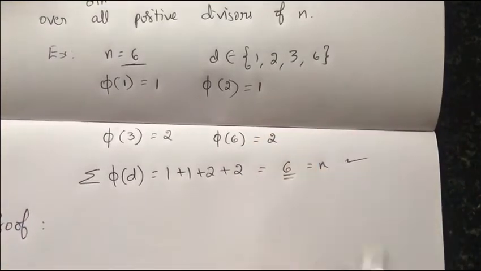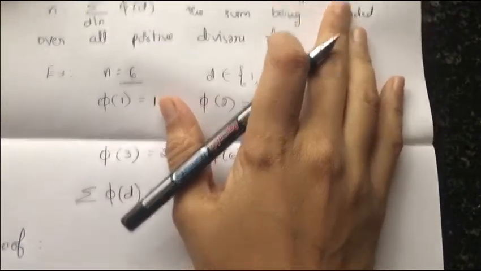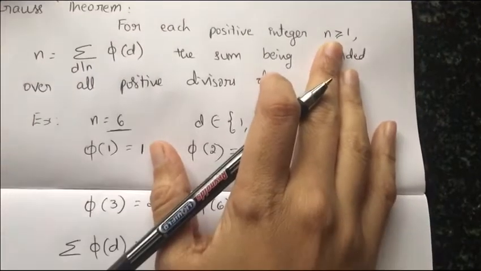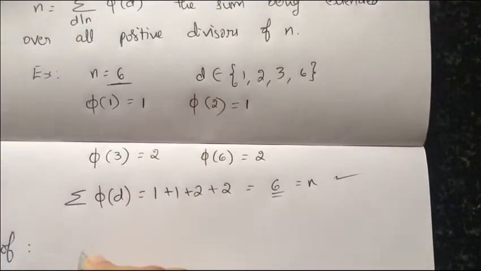Say n is a positive integer, greater than or equal to 1. Let me take a divisor of n, call it d.